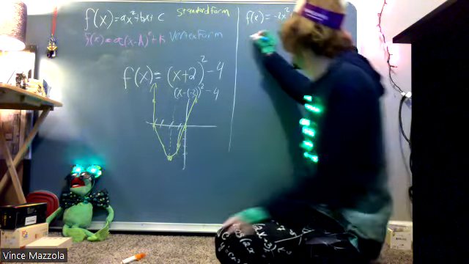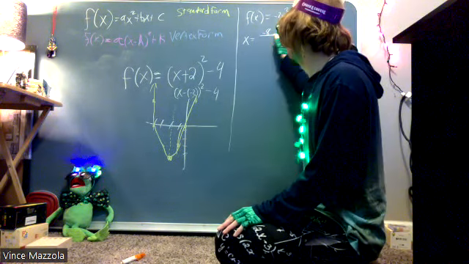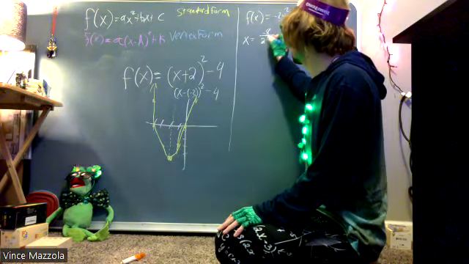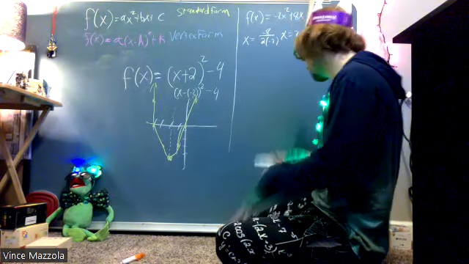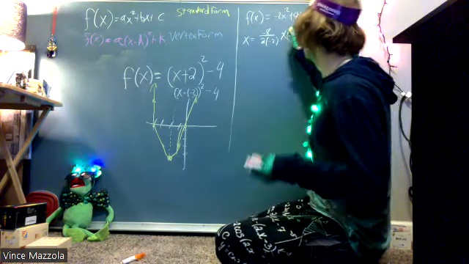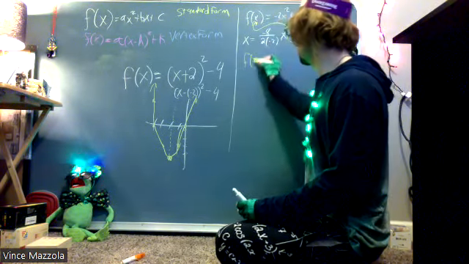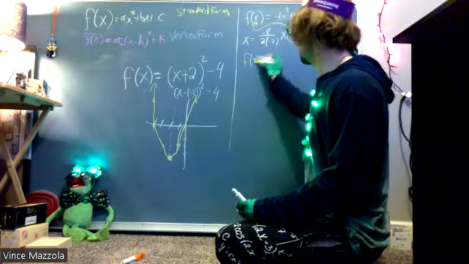So let's do x is negative b, so negative 8, over 2a, 2 times negative 2. So when you do that, you have x equals positive 2. Now to figure out where to start, where our vertex is going to be, we plug this into our original equation. So f of 2 is negative 2 times 2 squared, and then order of operations our way to victory, plus 8 times 2, minus 10.